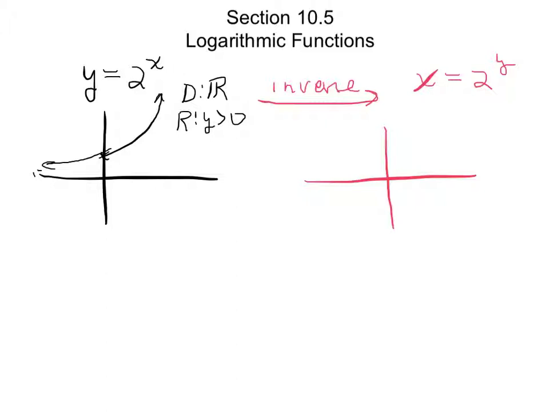If we do that, this point, which was (0, 1), becomes (1, 0), and the graph is going to look like this. So in this case, the negative y-axis is an asymptote. The domain of this function is x greater than 0, and the range of this function is all reals.